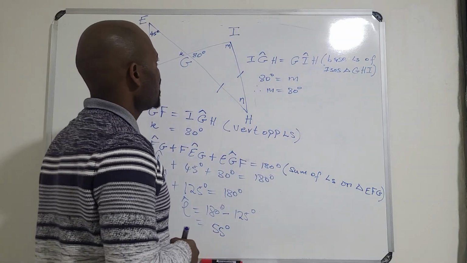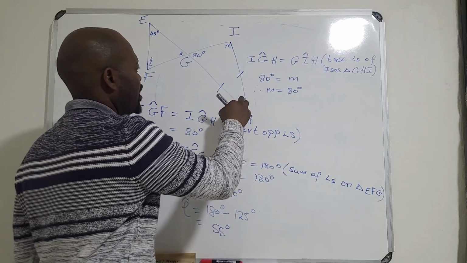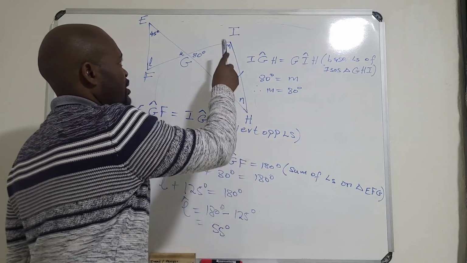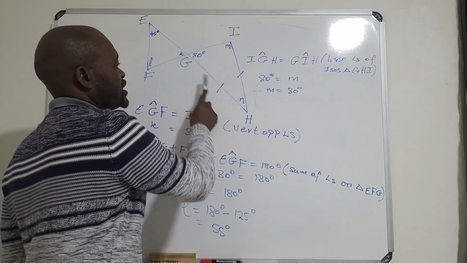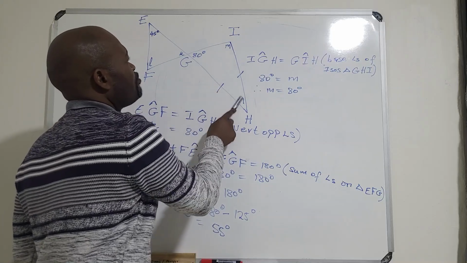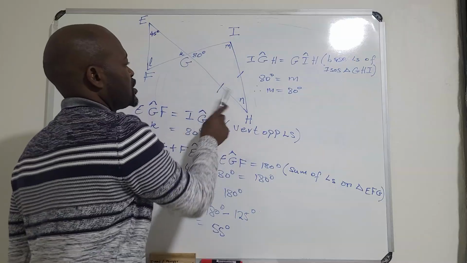Now, for us to find N, since we have this and that, we can use the sum of the interior angles.